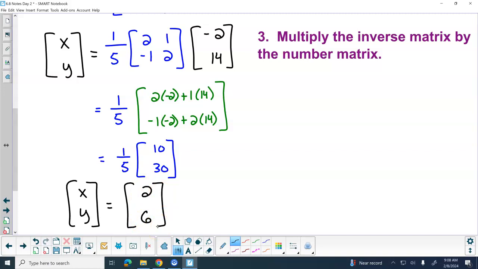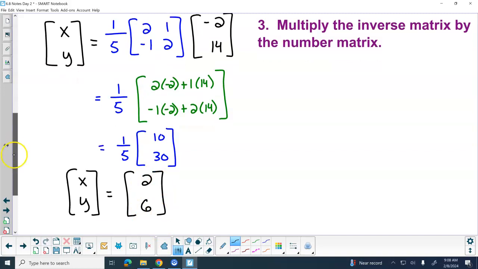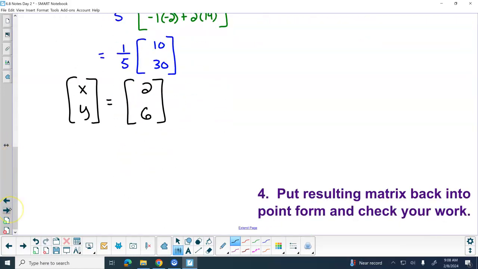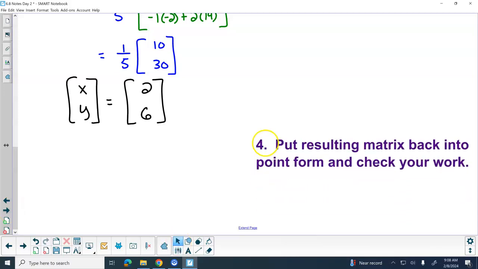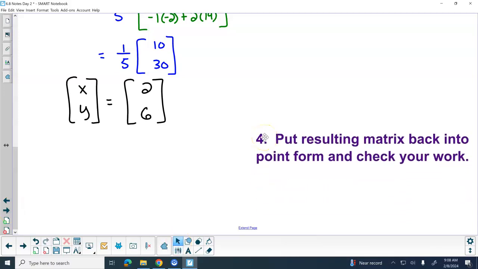Yes? Okay. And then lastly, we need to put that into point form. So our point form would be 2, 6.